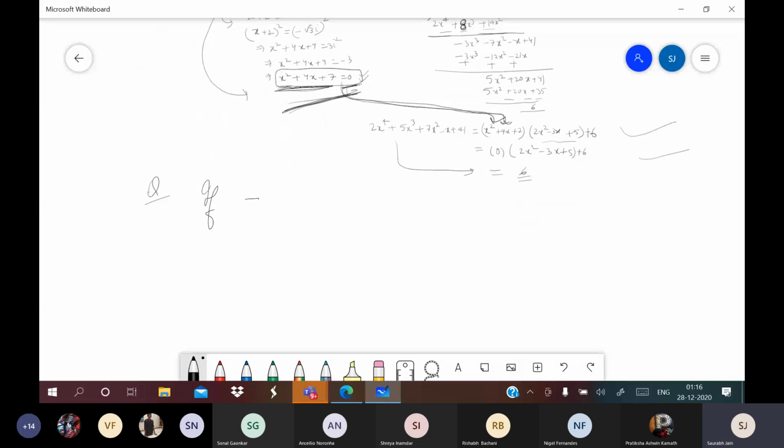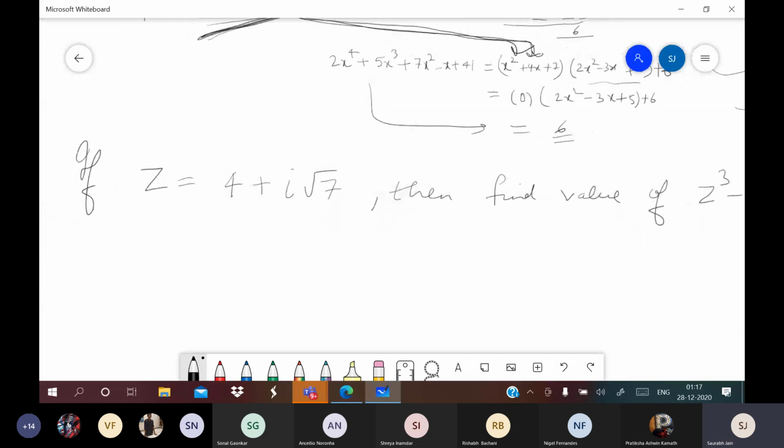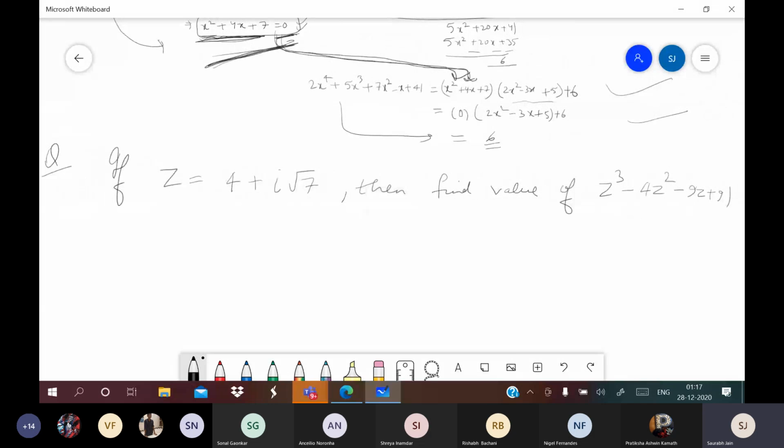If z is 4 plus iota root 7, all of you try this, then find value of z cube minus 4z square minus 9z plus 91. This is the question. Z is 4 plus iota root 7. On the basis of that, we have to find value of this expression, z cube minus 4z square minus 9z, and at last it is plus 91. Okay, plus 91. Solve it.